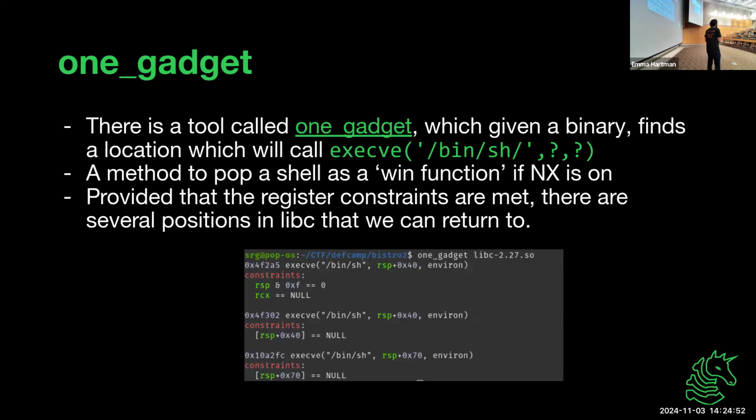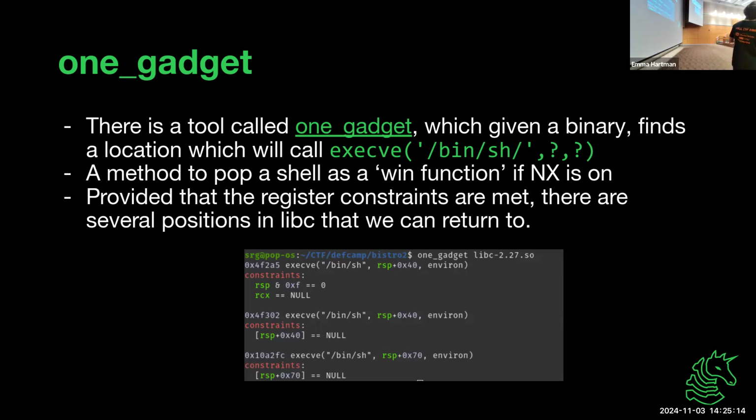So we're gonna talk about ROP in Pwn 3, but there's a stopgap that is simple to understand. There's a tool called OneGadget. What OneGadget does is it looks at libc and it goes, hey, where do I need to jump to so that it calls execve /bin/sh? Because there is a function in libc that will just open a shell. It's called system.